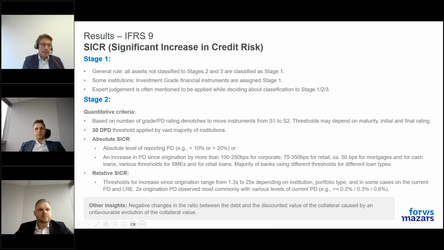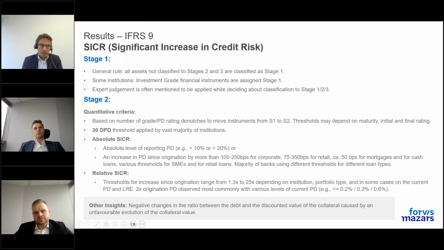for stage 1, the main observation is that the general rule used by the banks is to classify all assets that are not classified to stage 2 and stage 3 as stage 1 assets. However, some institutions define explicitly that all investment grade financial instruments are assigned to stage 1.